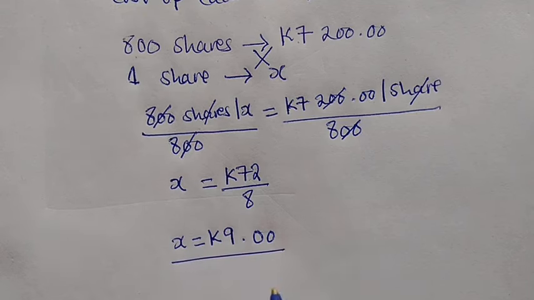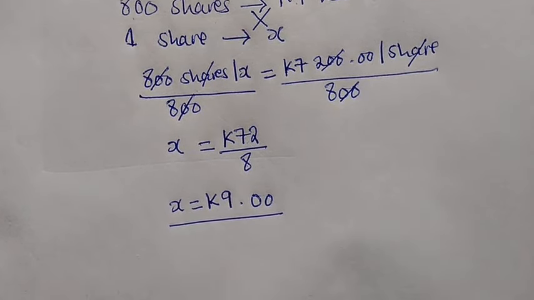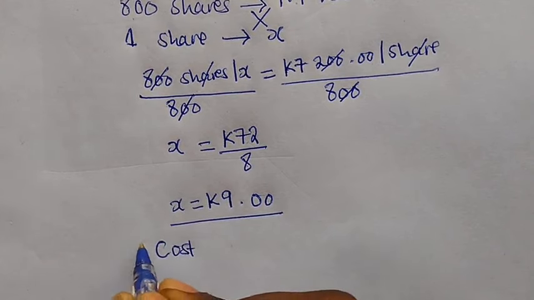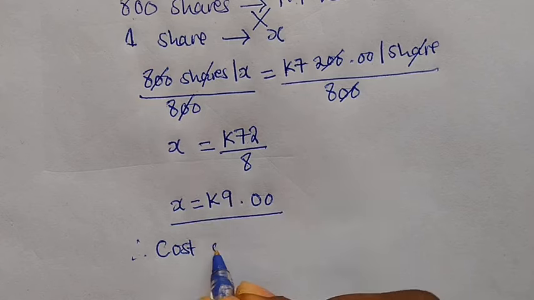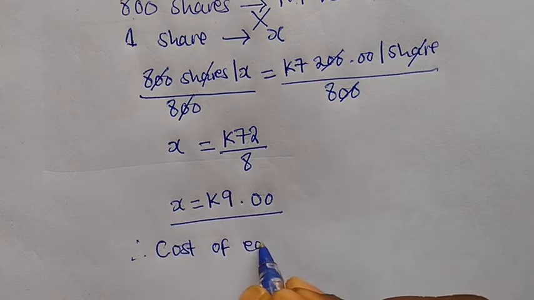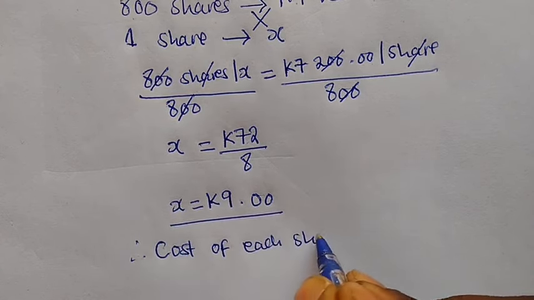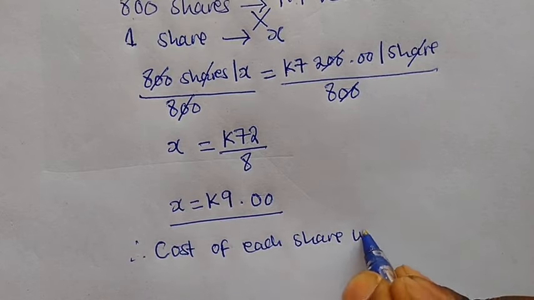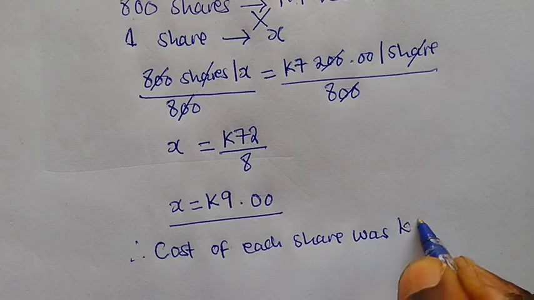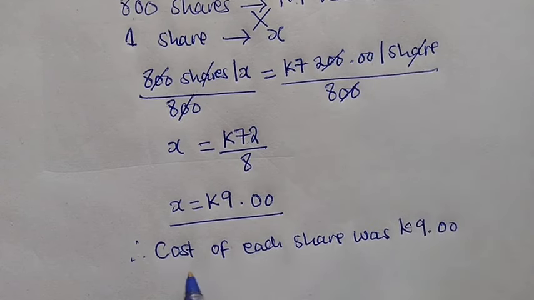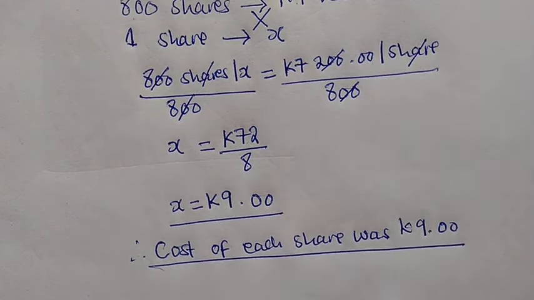So meaning that the cost of each share, so we just say therefore, the cost of each share was 9 kwacha. So this is our final answer.